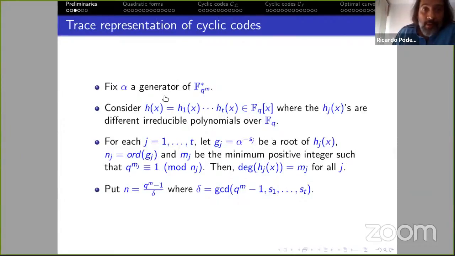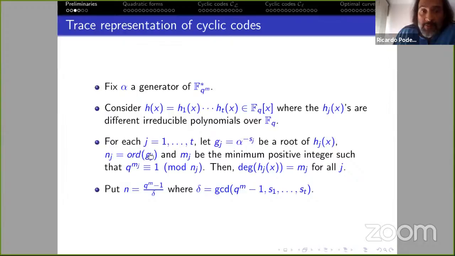Well, we are going to talk about cyclic codes, but we need the trace representation. So we fix a generator of the field and consider the polynomial h, which is going to be the check polynomial of the code. And suppose this is the factorization into irreducibles. For each j between 1 and t, define these elements, g_j, to be roots of these irreducible polynomials.